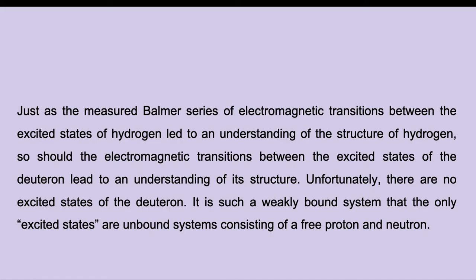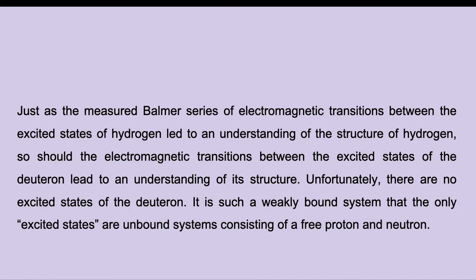Just as the measured Balmer series of electromagnetic transitions between the excited states of hydrogen led to an understanding of the structure of hydrogen, so should the electromagnetic transition between the excited states of deuteron lead to an understanding of its structure.